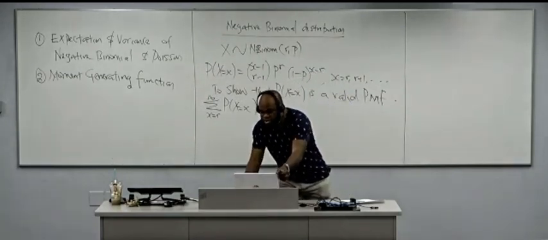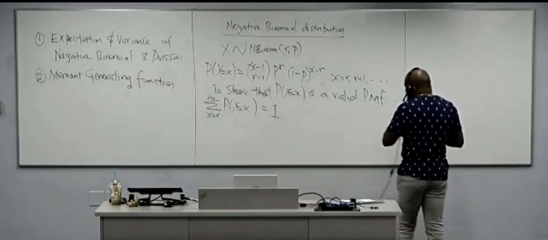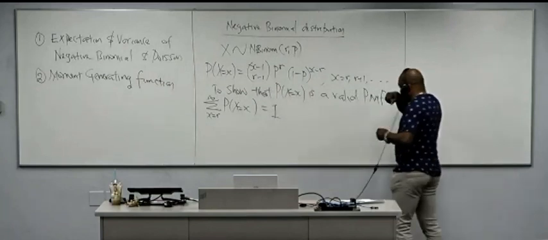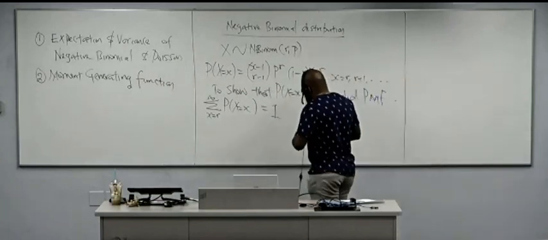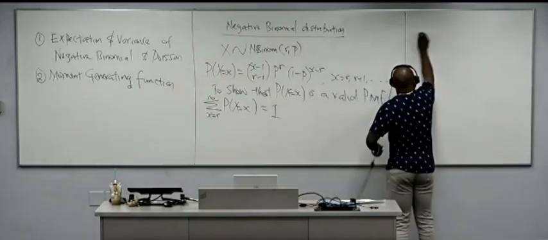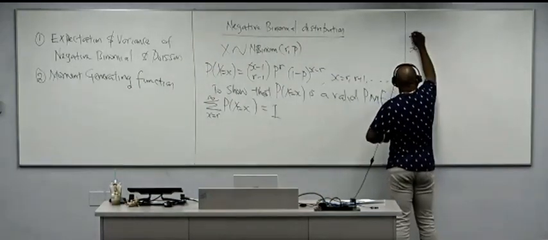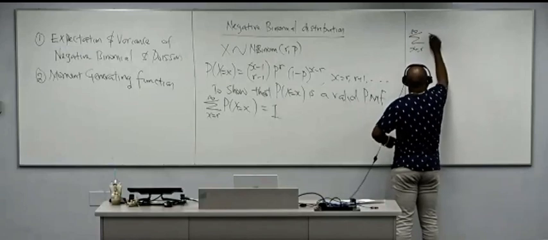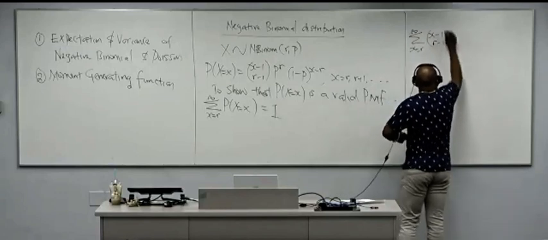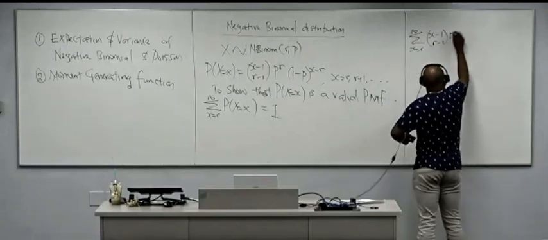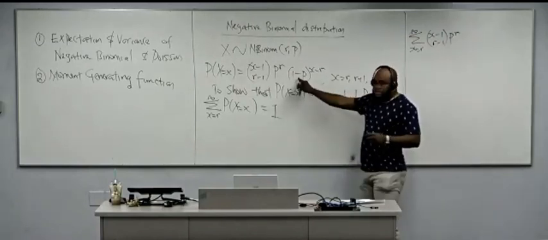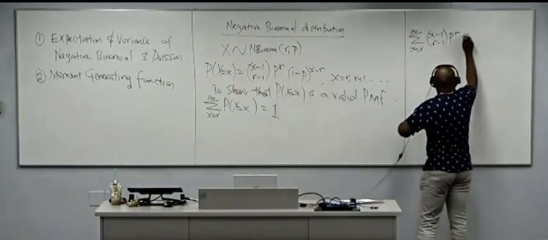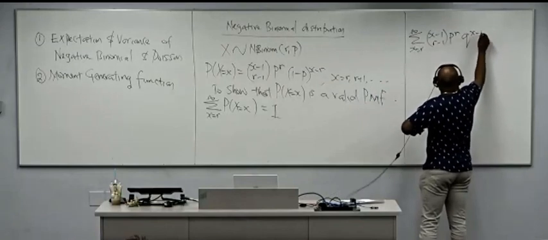So what I'm going to do, if I want to show that, is write the sum from x equals r to infinity of this, and the p raised to power r, I can simply write as q raised to power that.